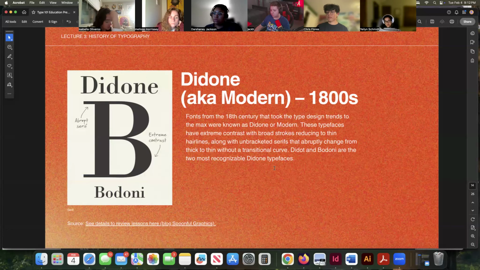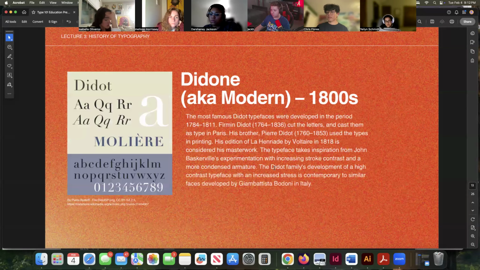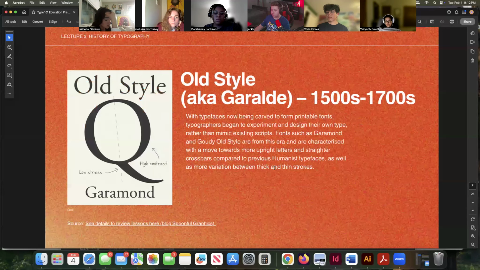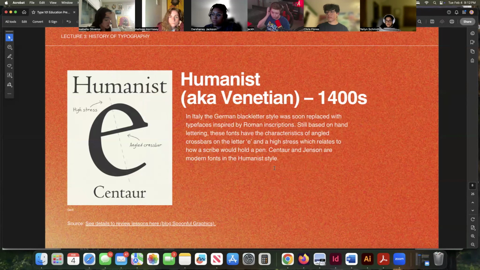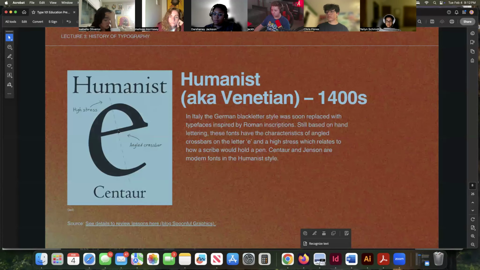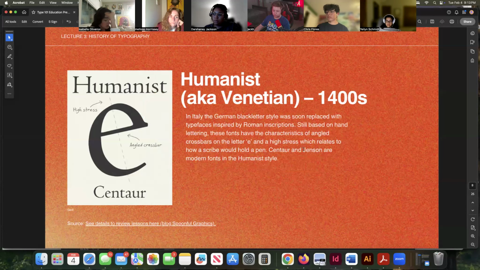Baskerville, Bodoni, Garamond. Probably not. You're probably not going to use those two, black letter and Centaur. Humanistic. There are more humanist typefaces out there. Jensen might be one of them. I don't know if this one's available in Adobe, but I think Jensen might be available in there.